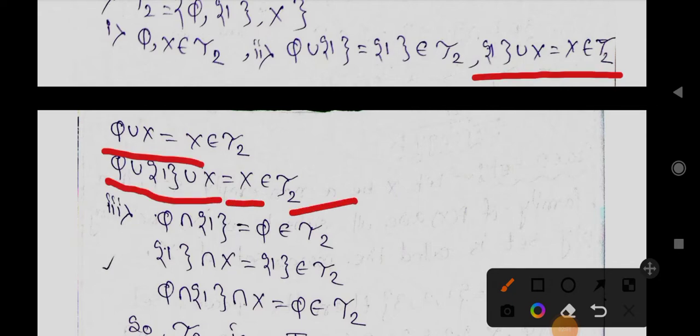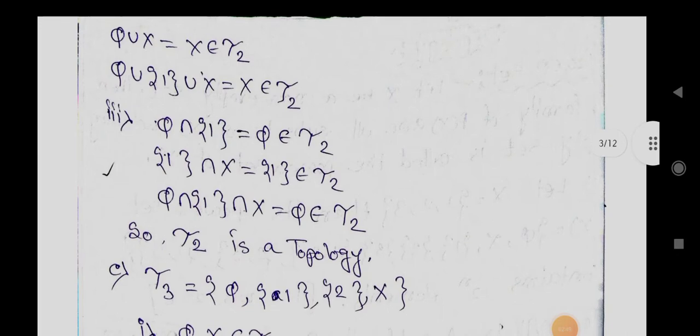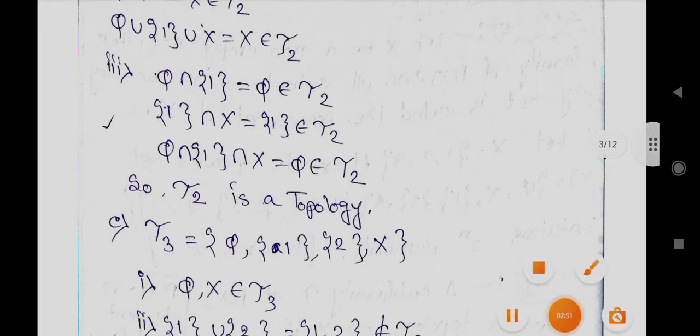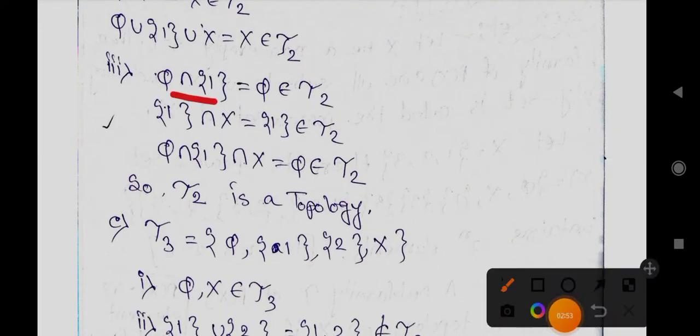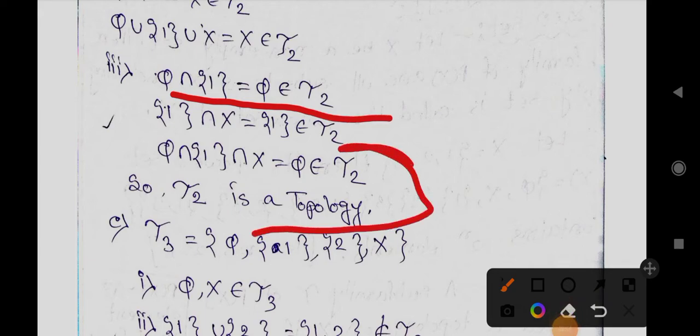So this is also a topology, as intersections also belong to tau 2. See, phi intersection 1 equals phi, 1 intersection X equals 1, phi intersection 1 intersection X equals phi, all these belong to tau 2. So tau 2 is a topology.